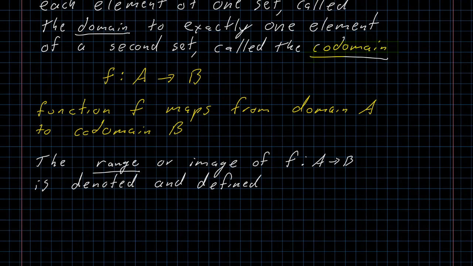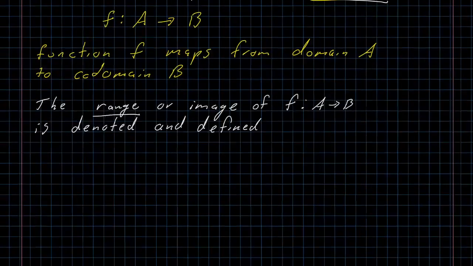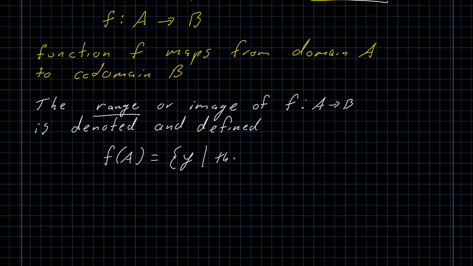Now let's get to that other word that I mentioned that many of you were expecting. The range, or sometimes called the image, of the function f mapping from A to B, is denoted and defined f(A), and it is the set of all elements y such that there is an x in A such that, s.t. is a nice abbreviation for "such that" in this context, y = f(x).